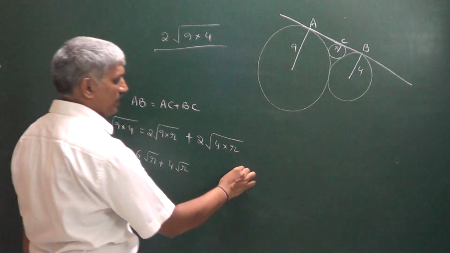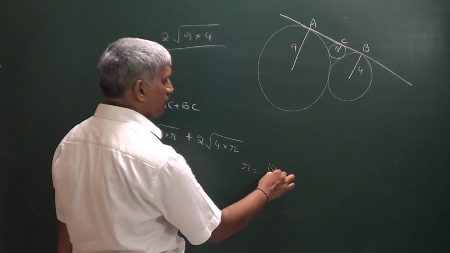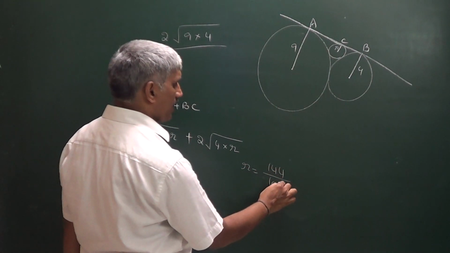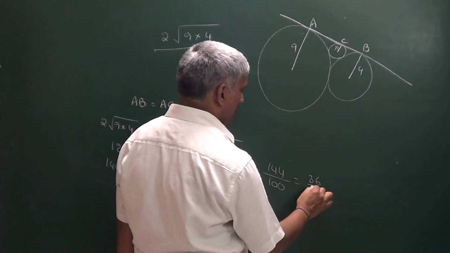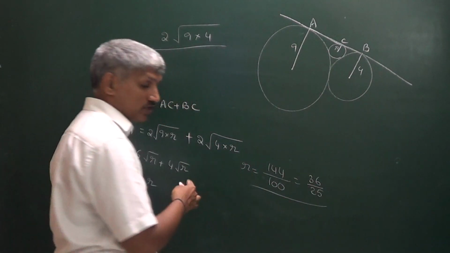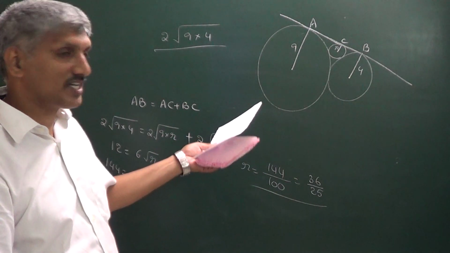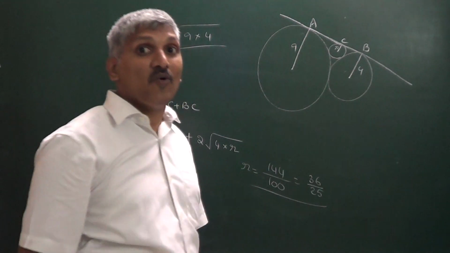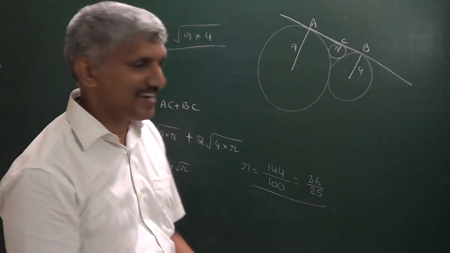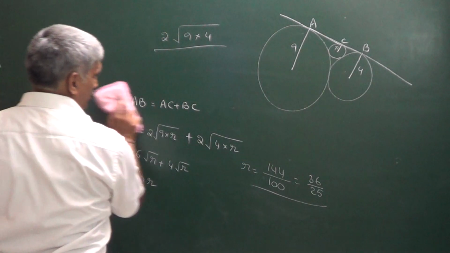Now we get the value of r equal to 144 divided by 100, which we can simplify as 36 divided by 25. So that is the radius of the circle which touches both the circles and also touches one of the direct common tangents. Right? So that is another interesting question.